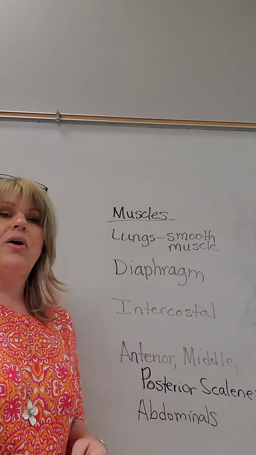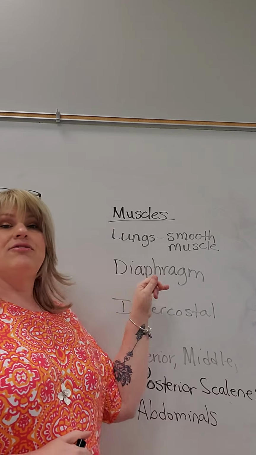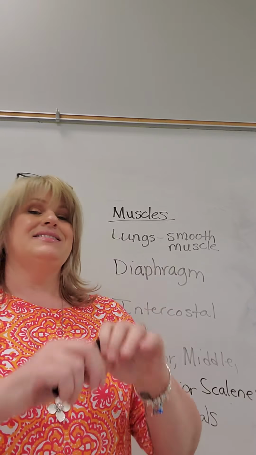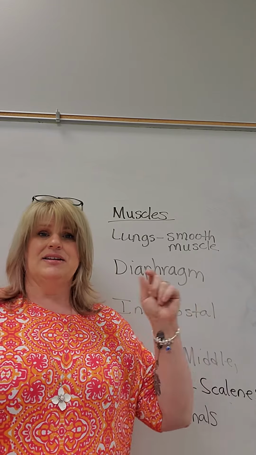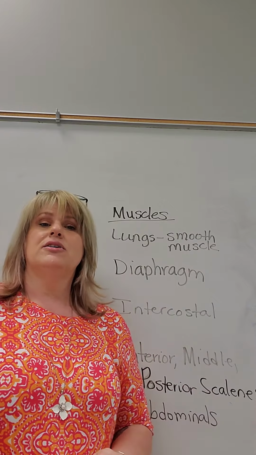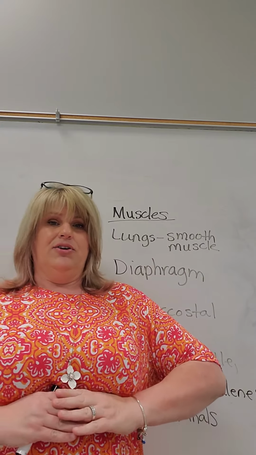Okay, so when we are taking in a breath, our diaphragm is the main muscle of the respiratory system. That is absolutely an NCLEX question, so highlight that. Diaphragm equals main muscle of respiratory. Because the diaphragm sits right here under your rib cage.